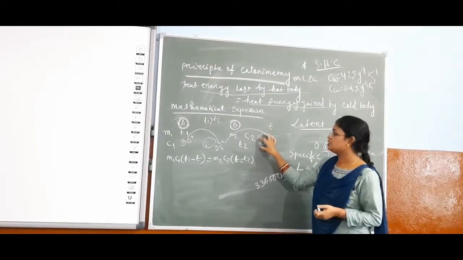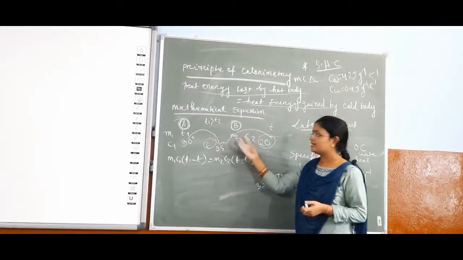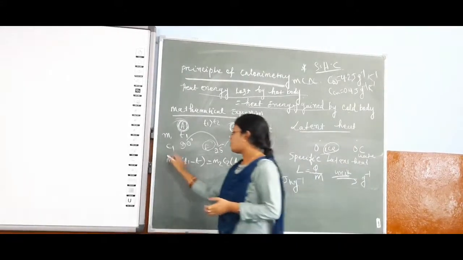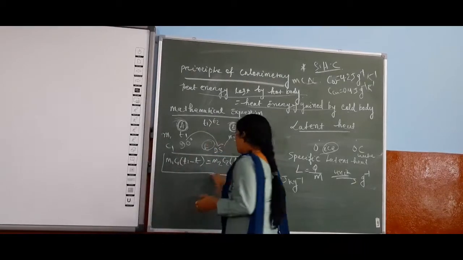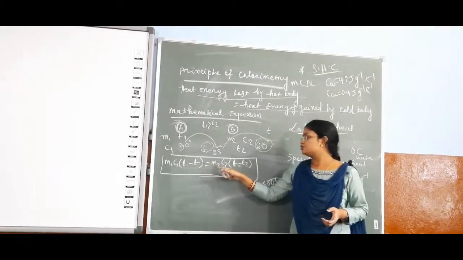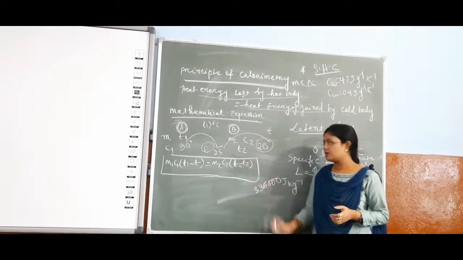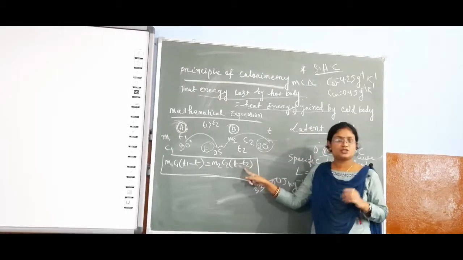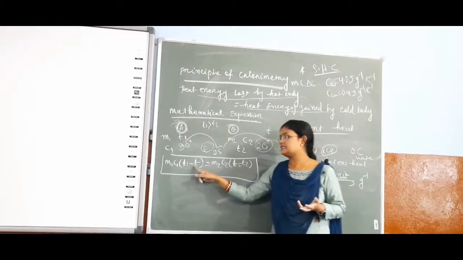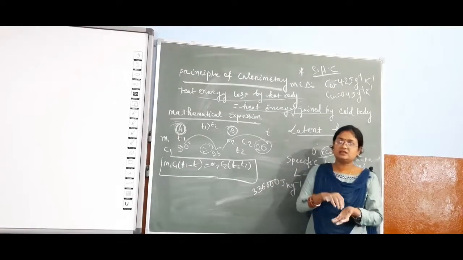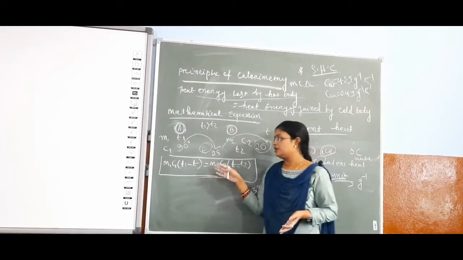Initial temperature 20 to 25 होता है, इसके बाद heat gain किया है, that's why it is T minus T2. So this is your mathematical formula for calorimetry: M1 C1 (T1 minus T) is equal to M2 C2 (T minus T2). T1 is the temperature of the hot body, T2 is the temperature of the cold body, and T is the mixture temperature after adding the hot body with the cold body. So this formula you have to use.